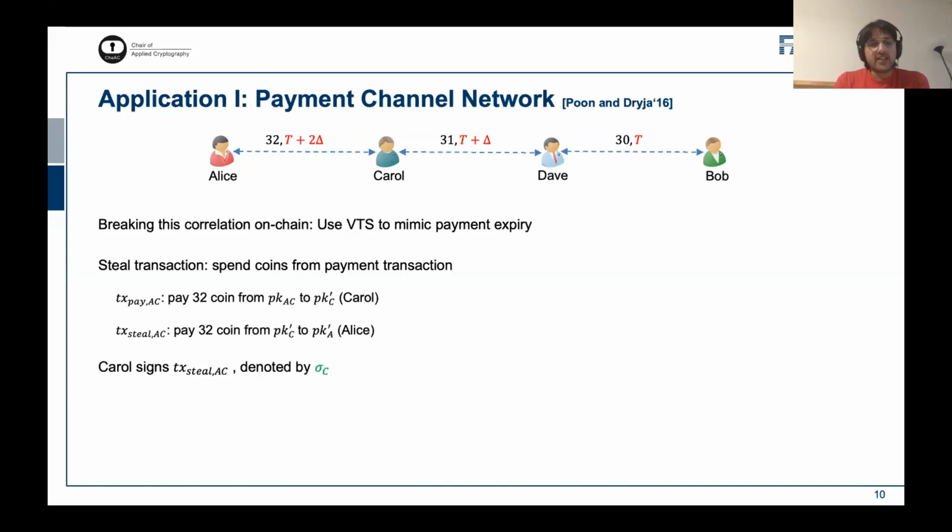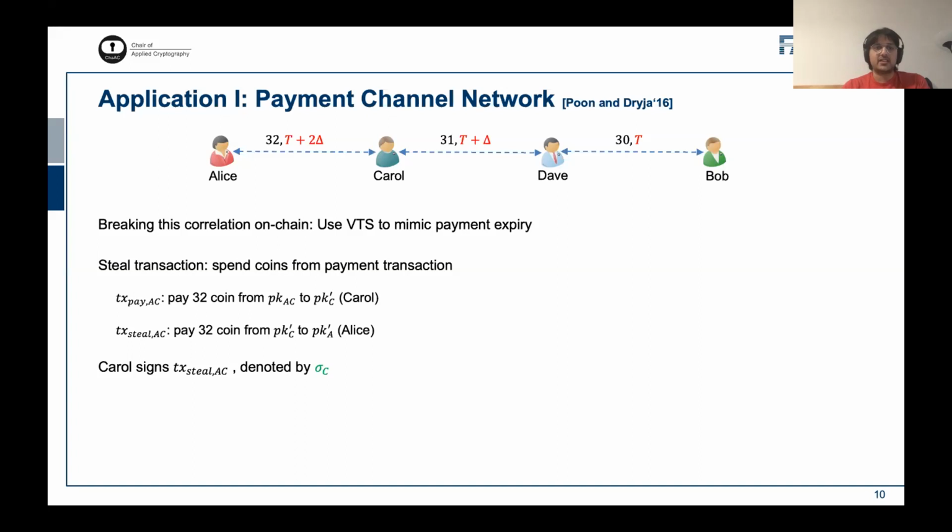So basically, Alice can steal the coins from Carol, right? But the caveat here is that the steal transaction has to be signed by Carol. So Carol signs this steal transaction, the sigma c, but not in plain. Because if Carol gives the sigma c in plain to Alice, Alice can anytime steal the coins.